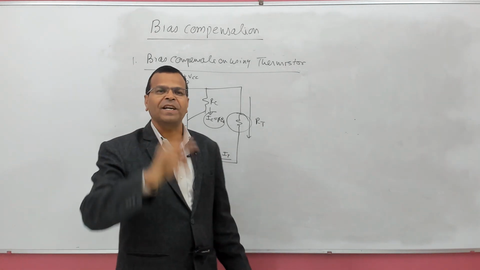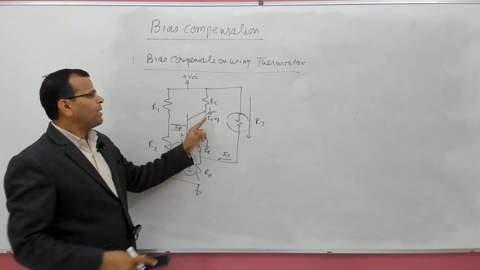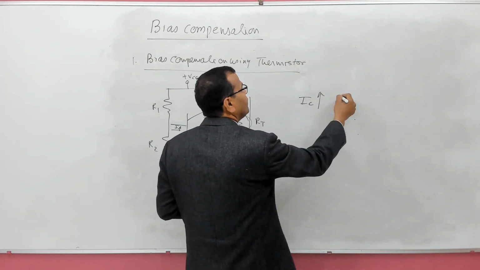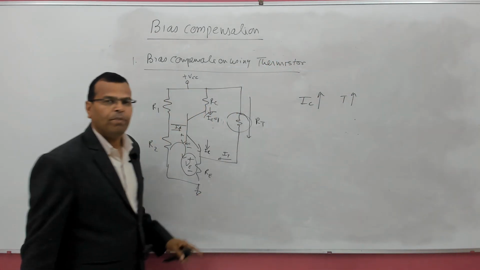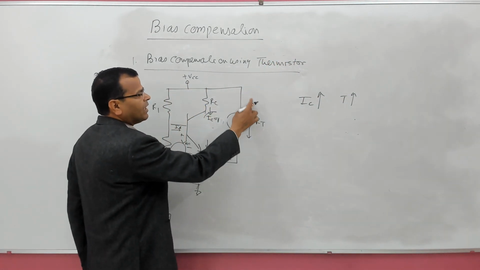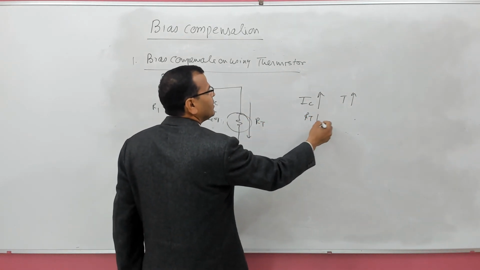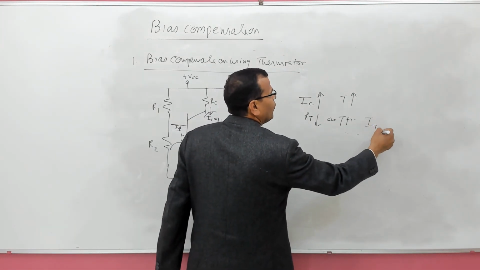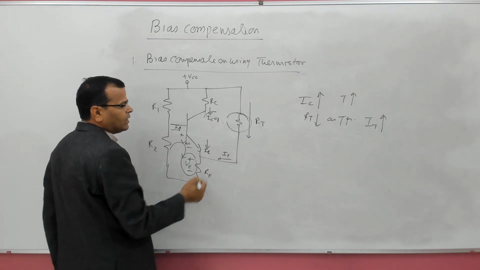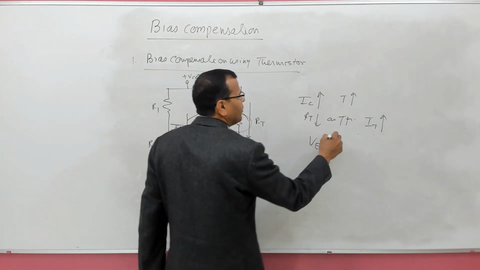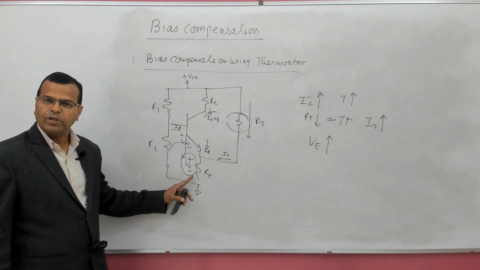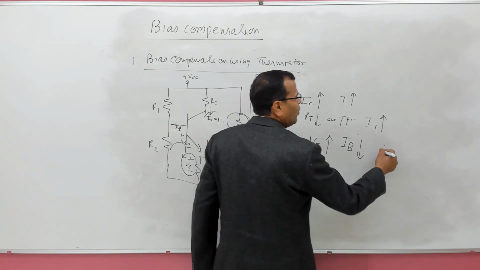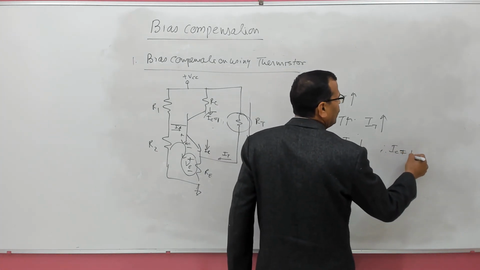I repeat, please understand. When temperature increases, IC will try to increase. But when temperature increases, resistance RT will decrease. When resistance RT decreases, current IT will increase. When current IT increases, the voltage drop across RE increases, and when the voltage drop across RE increases, the base current will decrease, and we know IC is beta into IB.